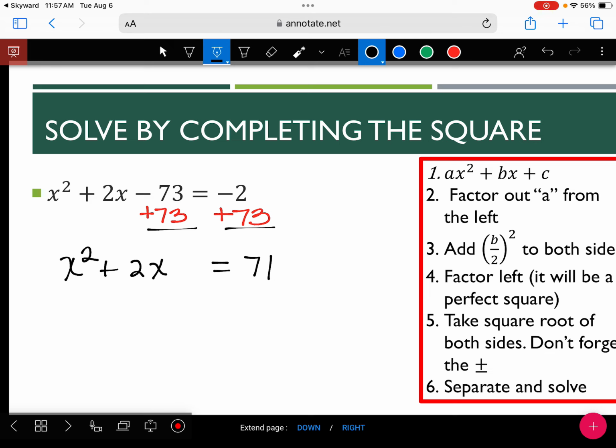So now we're going to skip down to step 3, which is take b over 2 squared and add it to both sides. So what is b? So take 2 divided by 2, squared. Figure out what that number is and add it to both sides.